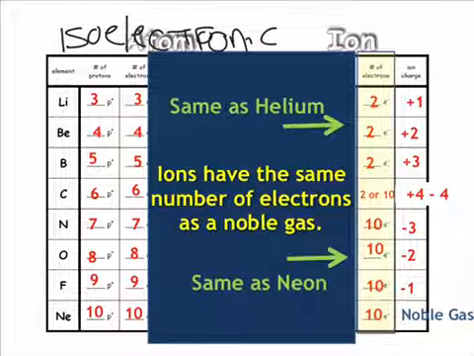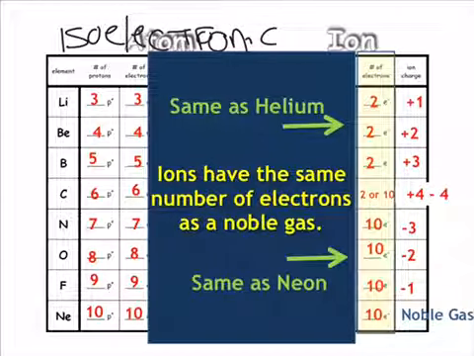So once lithium gives away that electron, it has 2 electrons, and it is isoelectronic, or has the same electron configuration as helium. Does it become helium? Of course not. The protons don't change. The protons are different from helium to lithium.